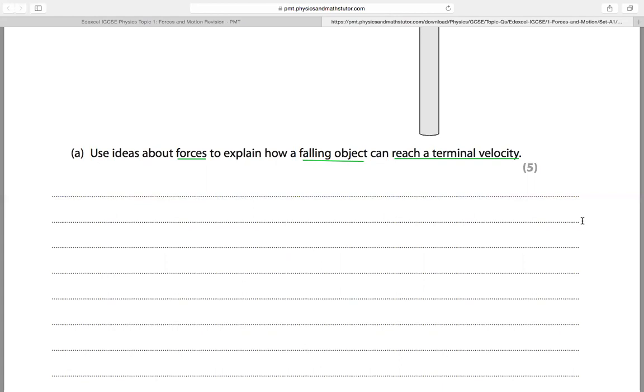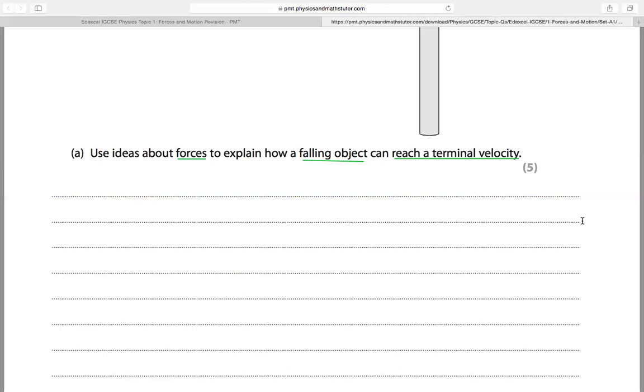Number 2 is because of this gravity, this falling object is accelerating. Please repeat that one. So number 1 is the falling object has downward force due to gravity acting on that object.